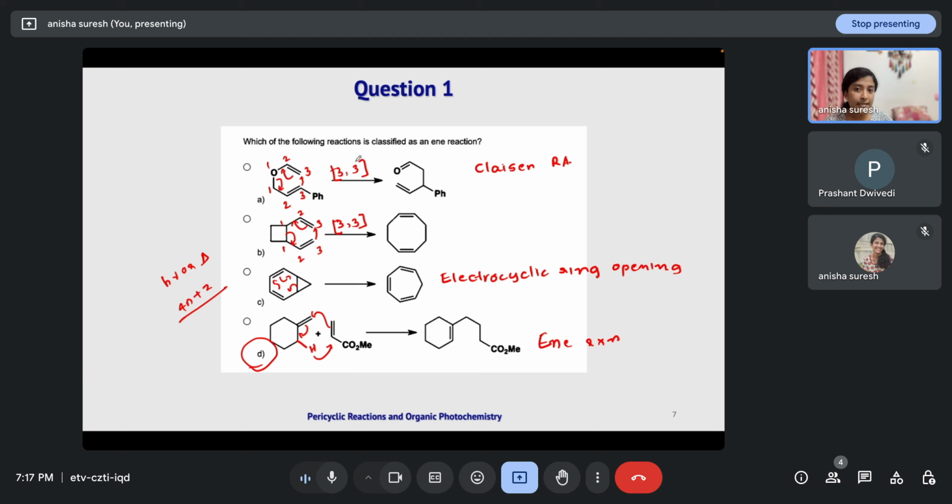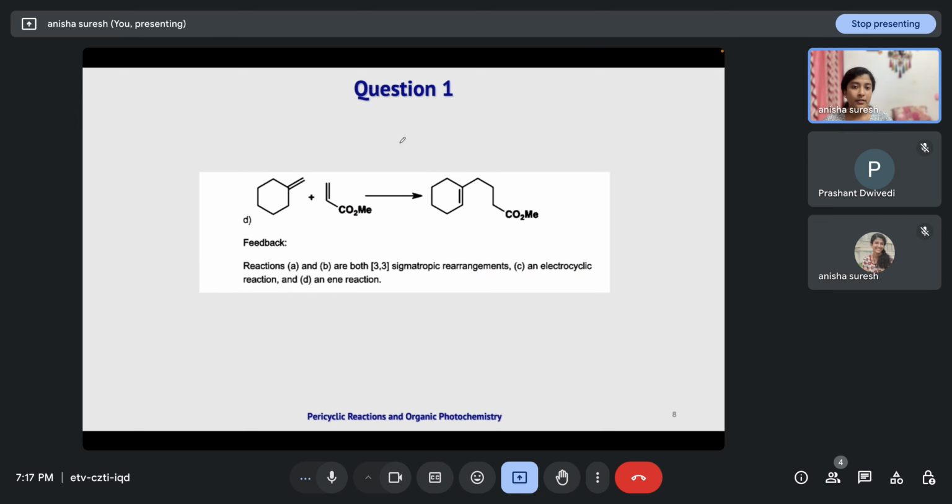In other cases, this was a 3,3 sigmatropic rearrangement. This is also an example of 3,3 sigmatropic rearrangement. Here an electrocyclic ring opening reaction is taking place, while the last case, that is option D, is an example of ene reaction. Here this is the ene component and this is the enophile component. So this is how the reaction is taking place.